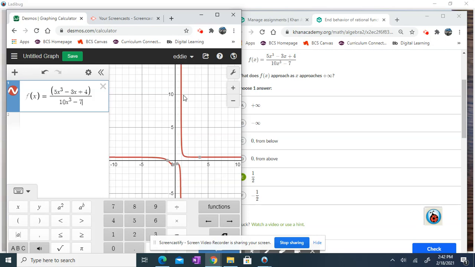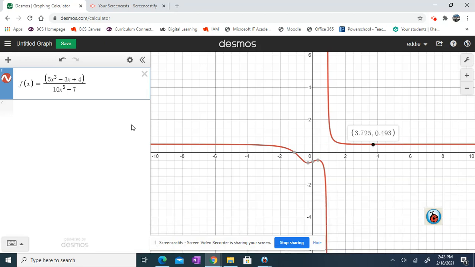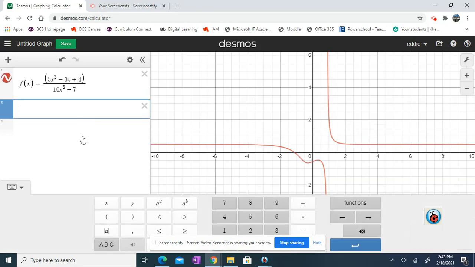So here's the graph. As you go out to positive infinity, it just starts to get really close to 1/2. Now it looks like maybe it crossed it, but let's take a look at what happens as it gets big. If I do f of, oh no, let's do f of 10.